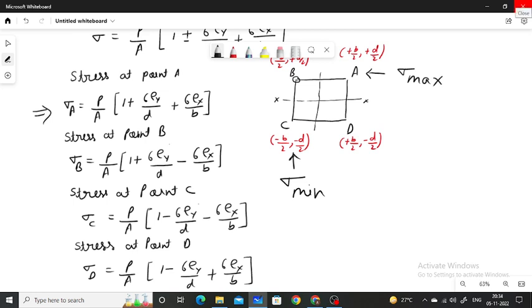In that case, the stress at the point A will be the maximum and stress at the point C will be the minimum. So maximum stress will occur at the point A and minimum stress will occur at the point B. Clear?